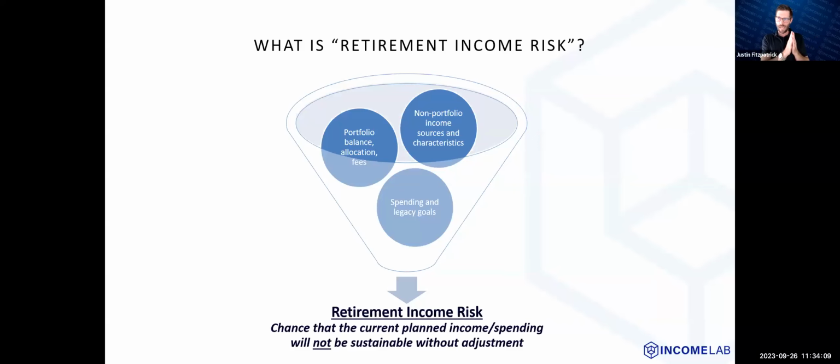You might have delayed Social Security, which increases sequence of return risk early in the plan, but decreases it later in the plan. There are so many things that can be unique to a plan that we need a really ample definition of income risk that takes all of this into account. So it's really just the chances that the current plan won't be sustainable without adjustment.